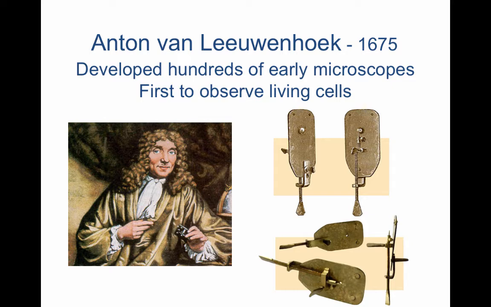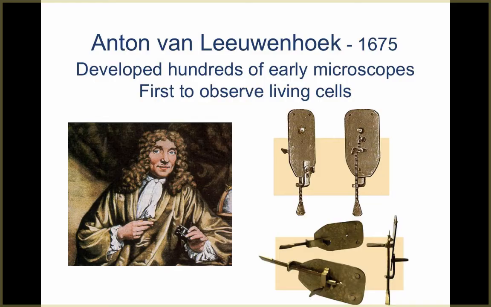And this is what his microscopes actually look like. You could put a couple of them together to look like a pair of sunglasses, right? They're kind of interesting: this right here is where the little lens is.